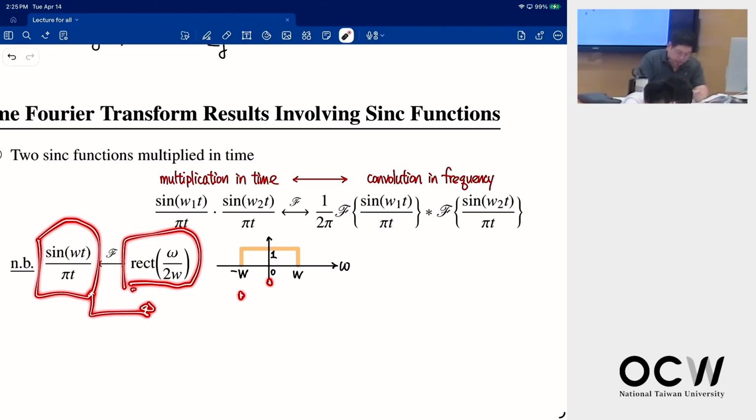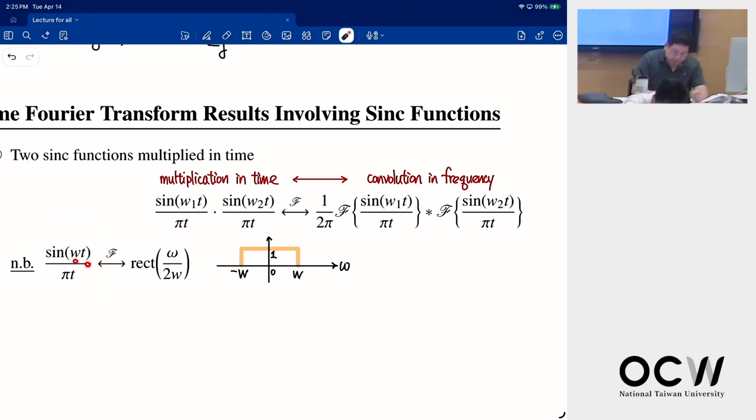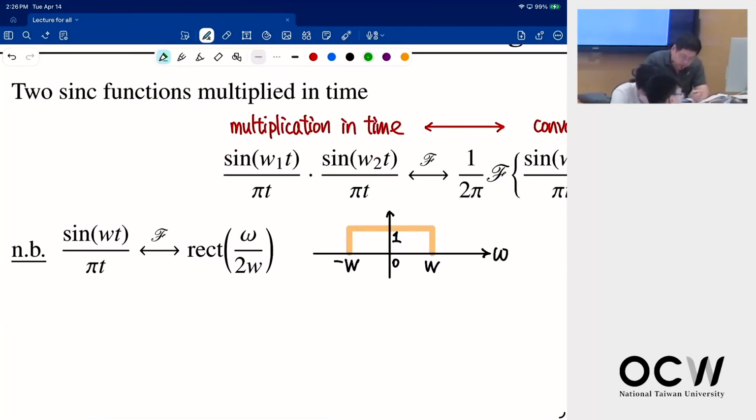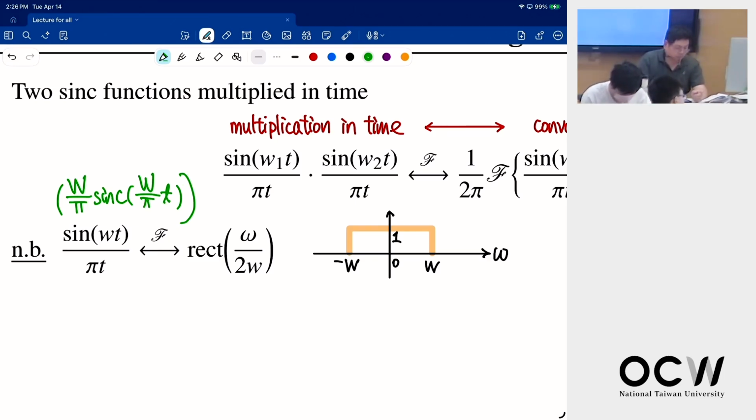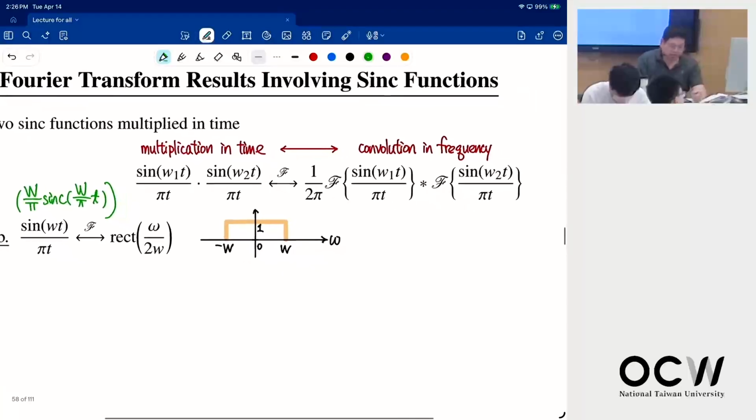I have a W t, then here the width will be 2W, from minus W to W. You may see this is like W divided by pi sinc of W divided by pi t.